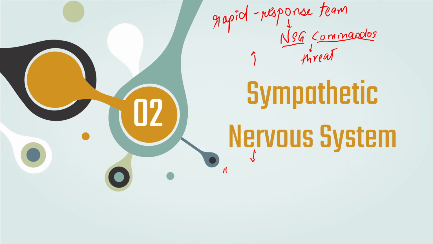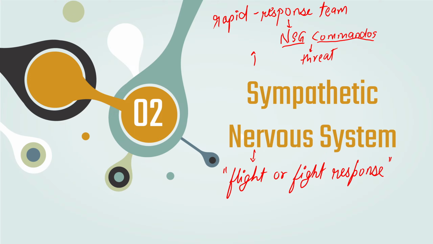The sympathetic nervous system will always be activated in a fight or flight response. Now what is an example of a fight or flight response? Imagine you are surrounded by thieves who have weapons with them.